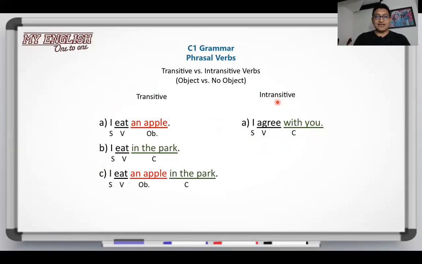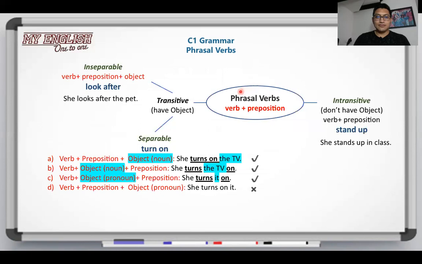Today we're talking about the transitive and intransitive phrasal verbs. So let's go there. Phrasal verbs. Now, a phrasal verb is a verb that has a preposition and it changes the meaning from a regular verb, right?